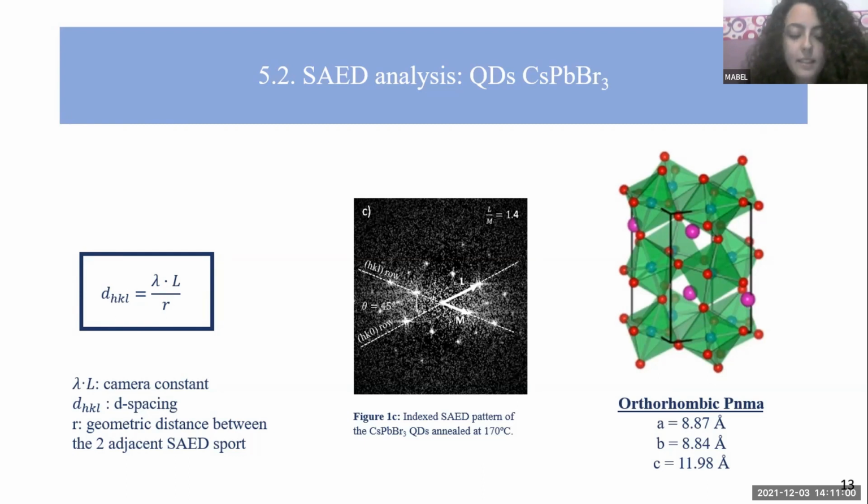As the geometric distance between two diffraction spots corresponds to the d-spacing between these two reciprocal lattice spots, measuring on the corresponding SAED in Figure 1C allows determining the interplanar distances.